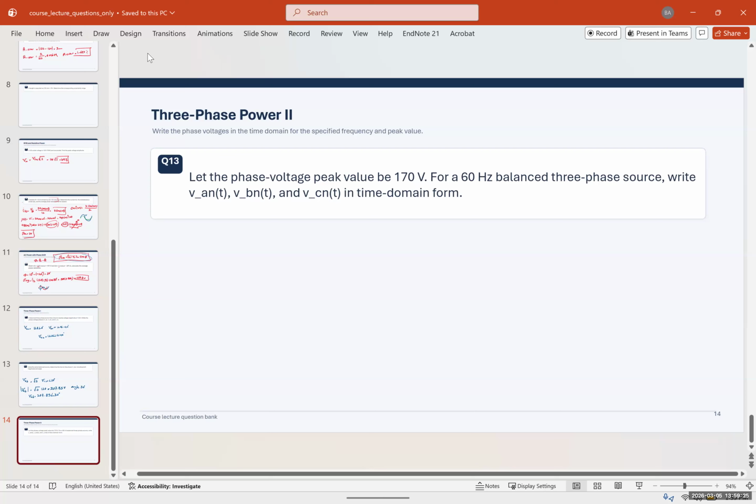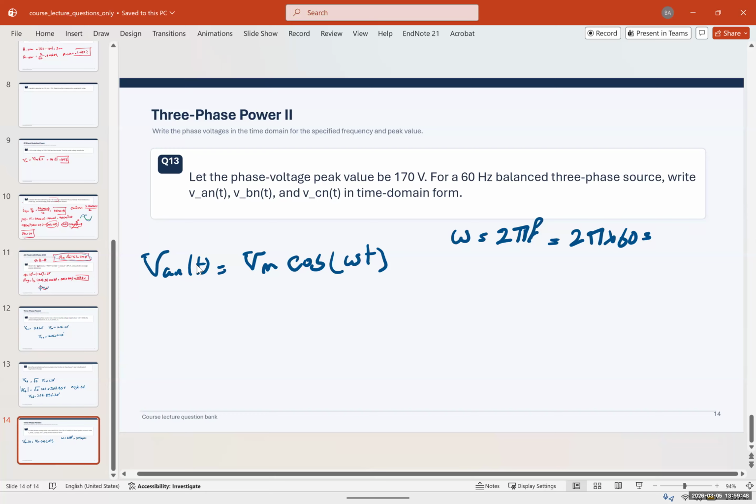Okay. What is VAN of t? It's Vm cosine of omega t. Am I correct? What is omega? 2 pi f, yes. 2 pi times 60, which is going to be 377. Now, if I gave you the period T, what would f be?